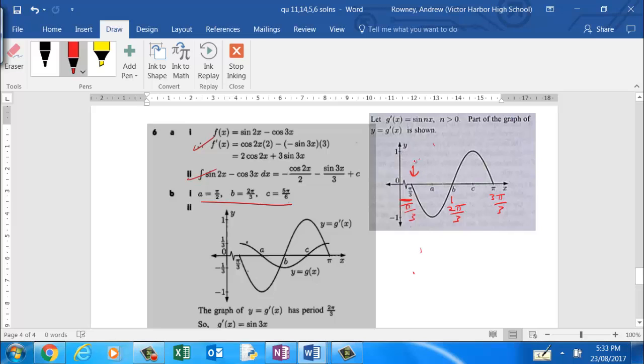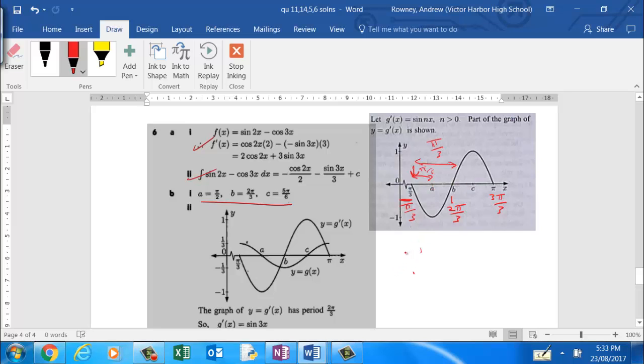So this distance here is the difference between 2 pi on 3 and pi on 3, which is pi on 3. And so that means a small one between there and there is half of that, which is pi on 6. So each step is pi on 6.